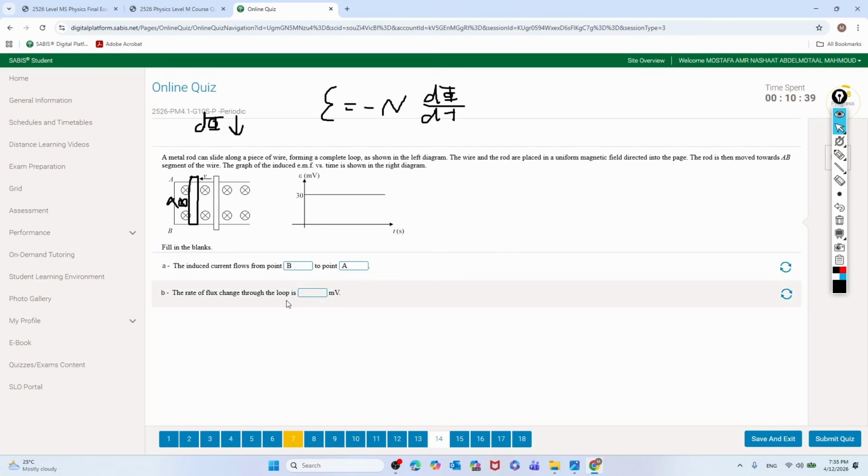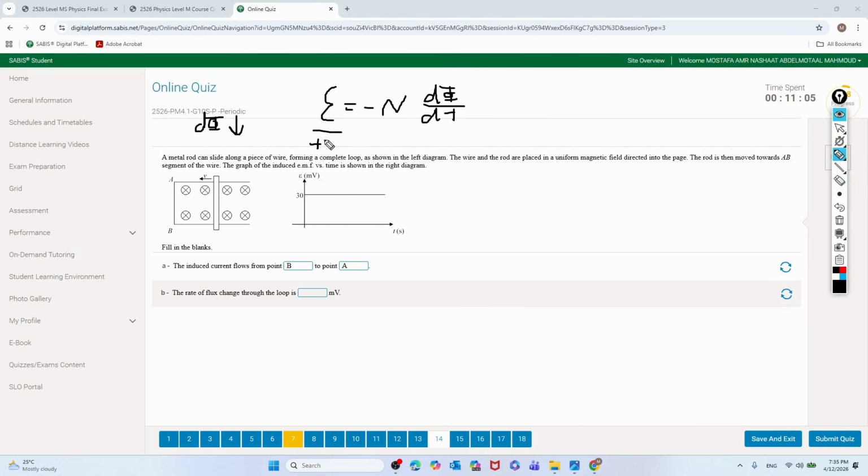And here, the rate of flux change through the loop. Wait. This graph is showing the rate of flux change. Okay, what does the graph show? The graph of the induced EMF versus time. So it's showing you the induced EMF.